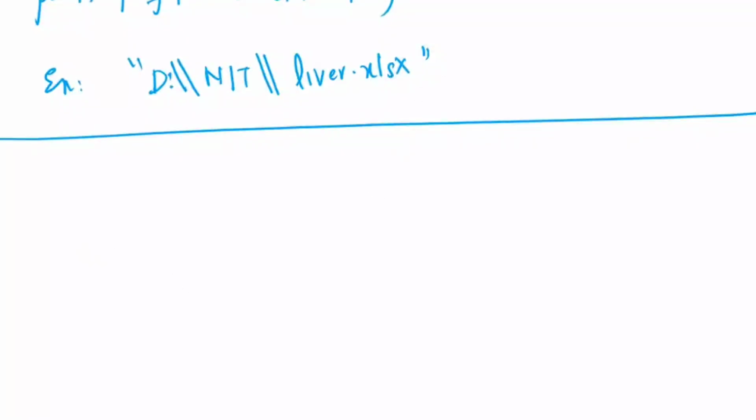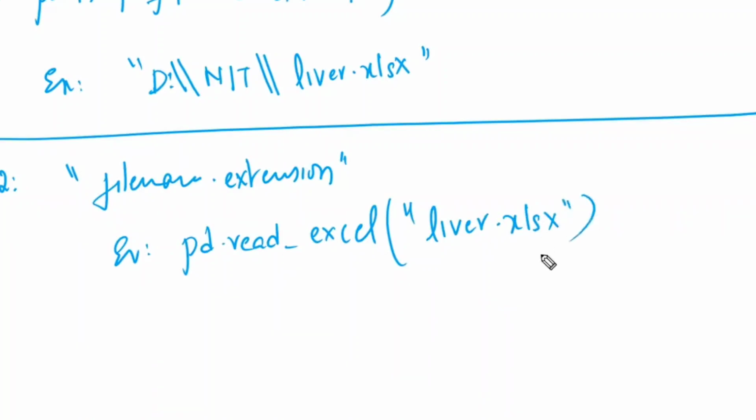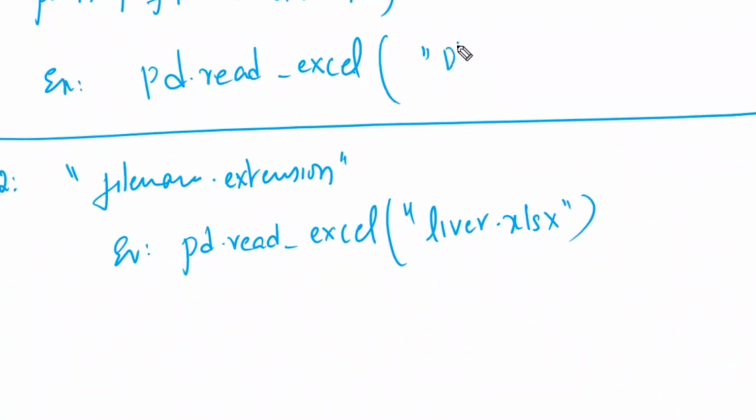Option number 2. Directly write only the file name along with the extension. Example: pd.read_excel, in brackets directly liver.xlsx. In this example, you have to write like this: pd.read_excel, D:/NIT/liver.xlsx.